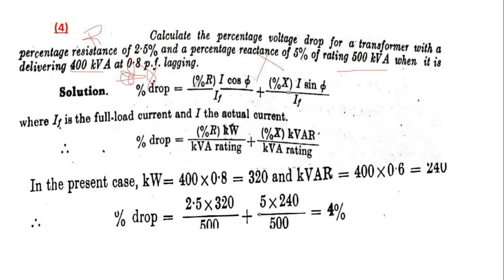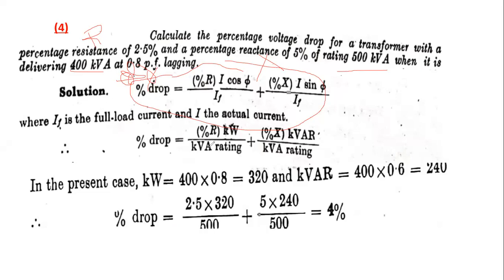Voltage regulation is percentage R times I cos phi by IF, plus percentage X times I sin phi by IF. We have another formula for calculating the percentage voltage drop when the percentage resistance and percentage reactance values are given. Here IF is the full load current and I is the input current.